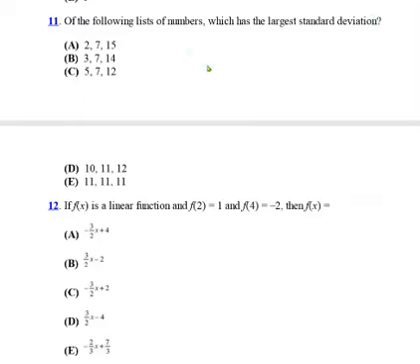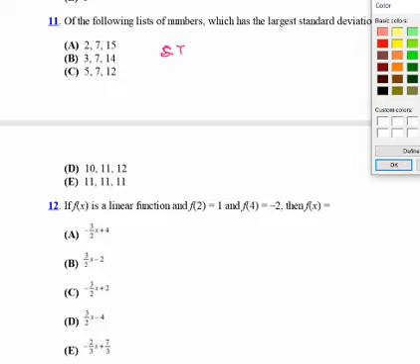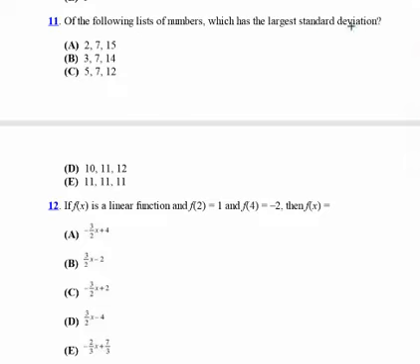The formula for SD, standard deviation, would be: standard deviation is equal to the square root of the summation of i equals 1 all the way until n, where i equals n, of x i minus the average, or the mean, of the three numbers.